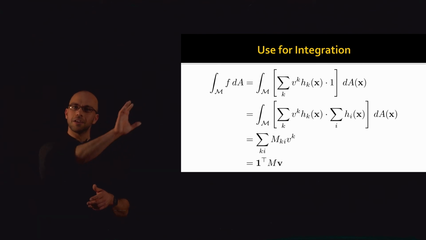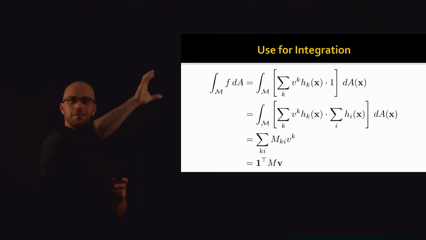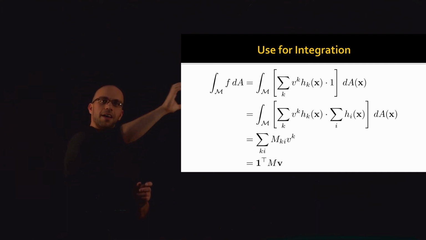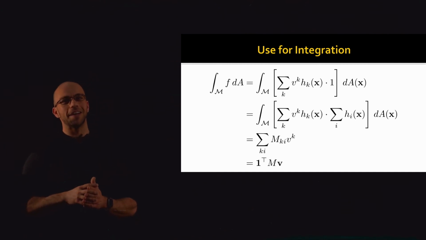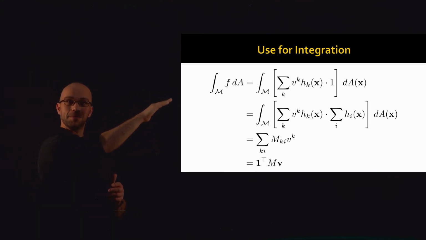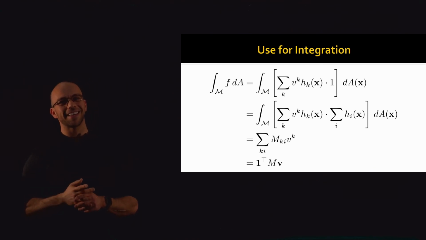Let's say that I want to integrate a function on a surface, and I write that function in a hat basis, right? That's our first line here. Well, the integral of f is just the integral of this linear combination of hat functions hk. We can think of that as being multiplied by the number 1. A very complicated way to write down the number 1, which is our second equality here, is that it's the sum of all the hat functions.